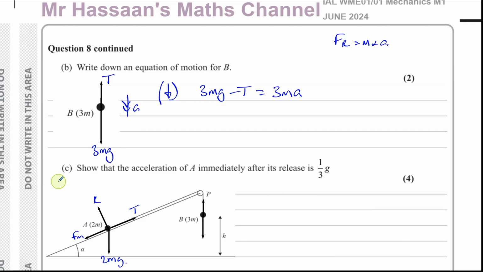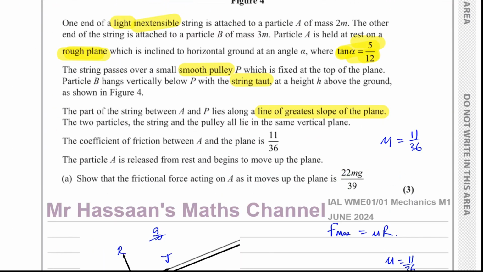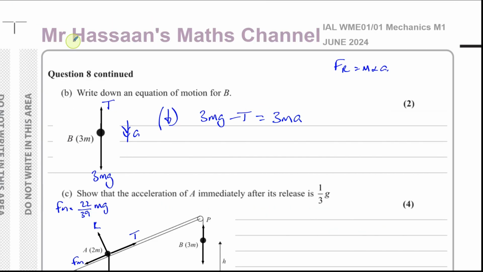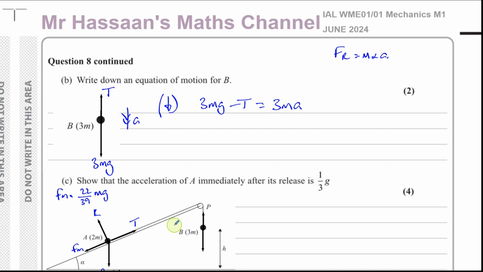Now we already know F max from the previous question is 22 over 39 mg. Let me just confirm that. 22 mg over 39, that's what we had to show. Okay, so that's F max. Now, what we need to do is consider, this is by the way 3 mg here, this is T there.